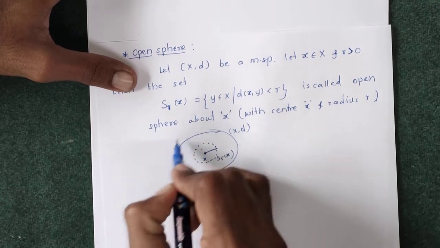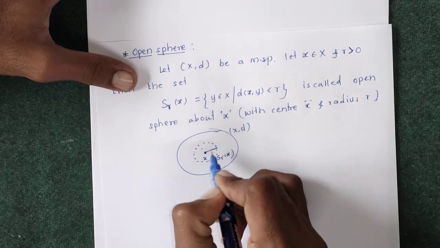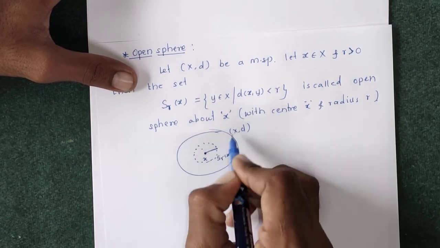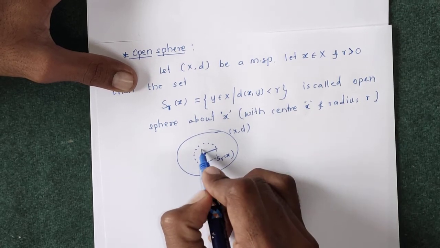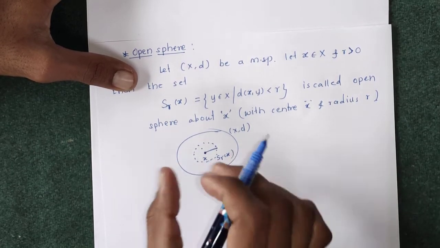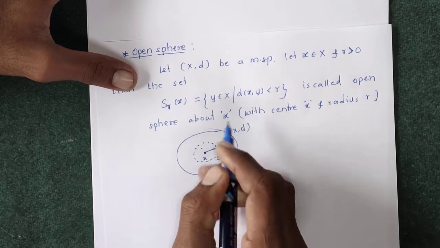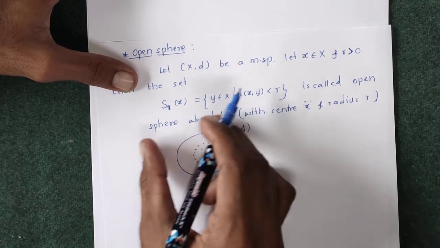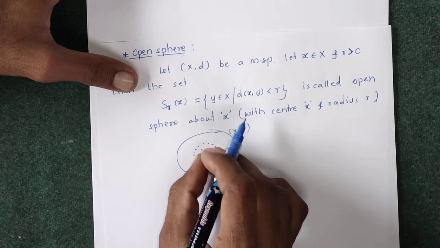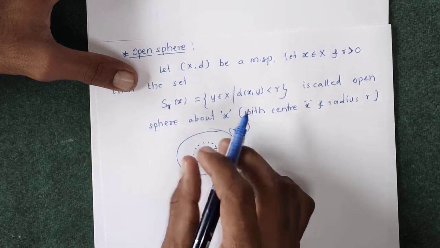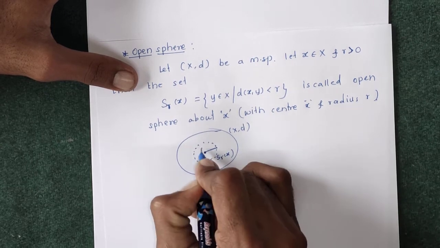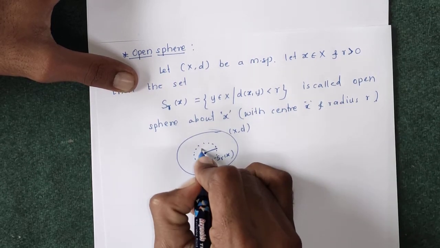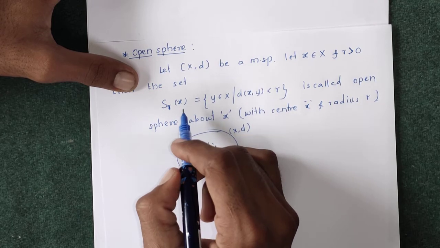This whole space is the metric space (X, d), and we are taking a subset of this space, that is S_r(x) is just a subset of this whole space. So the elements in this smaller subset are the elements of X. So y belongs to X, that is, the elements of the open sphere.